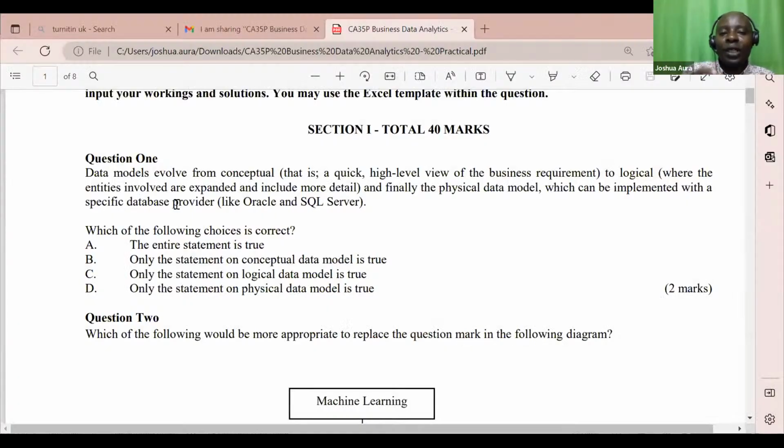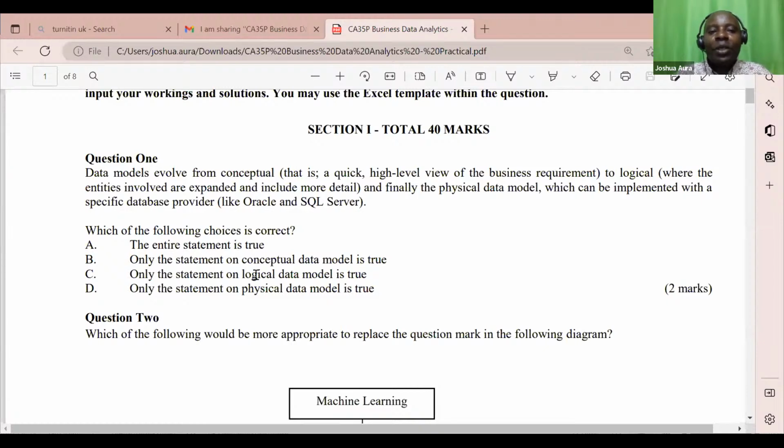So then, ladies and gentlemen, I would want you to help me answer this question. If you are a student doing this exam, which multiple choice would you have gone for here? Is it A, that the entire statement is true? B, only the statement on the conceptual data model is true, that data models evolve from the conceptual, that is a quick high-level view of the business requirement.